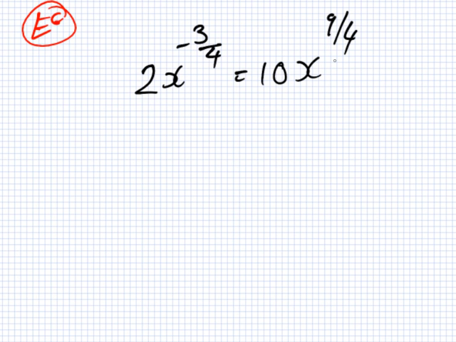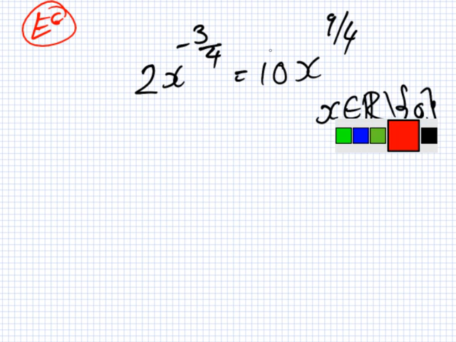Alright, so before I even start, what about the x? Can I use any value of x here? What do we think? X can't be 0. X could be any number except 0. Now the reason we can't use 0 is because of this part here.